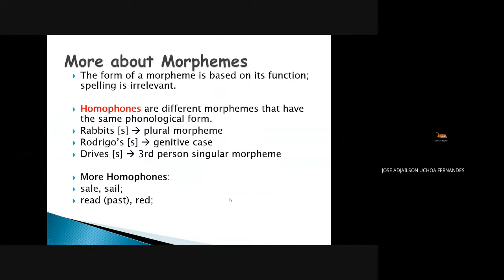Another case of homophones, in this case with different spellings. Two, two, and two. They are also homophones, the same sound, but different morphemes, different words, different meanings, nothing to do with each other from the morphology perspective.